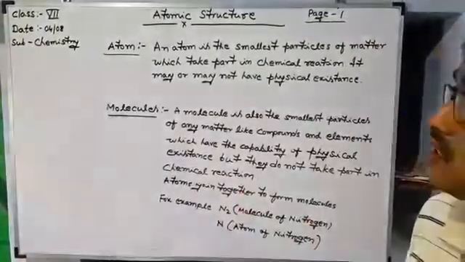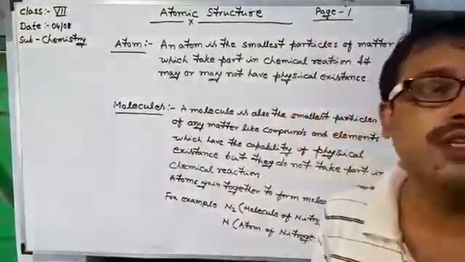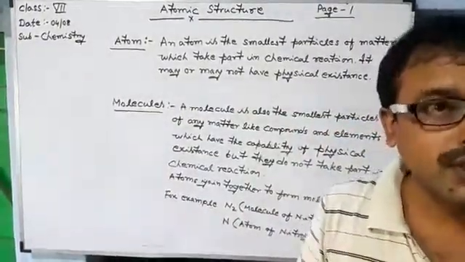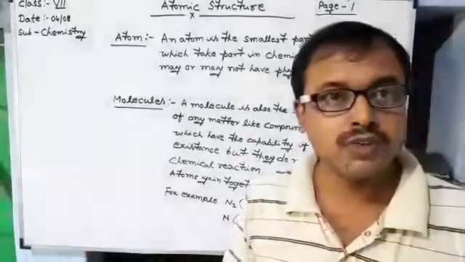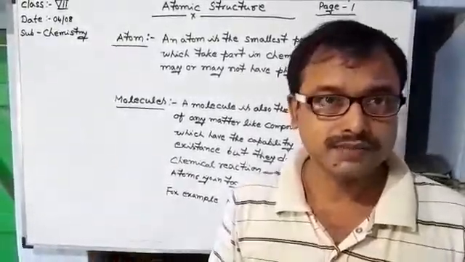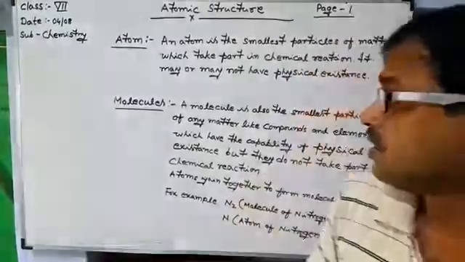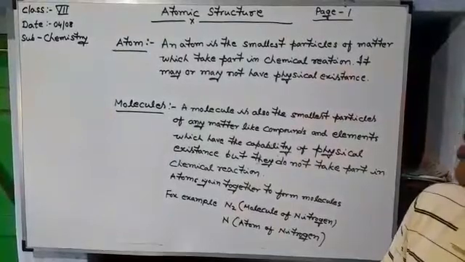They try to attain stability by taking part in chemical reactions, and during chemical combinations they combine with other atoms of similar or dissimilar origin so that they can attain stability. Okay, the next topic that we have to study in atomic structure is molecules.